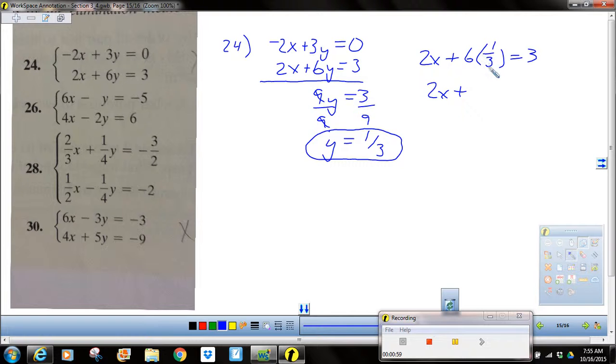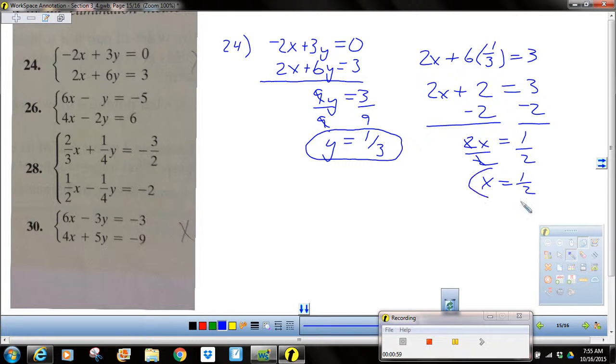Six times 1 is 6 divided by 3 is 2. So the ordered pair that makes that one true is 1/2, 1/3.